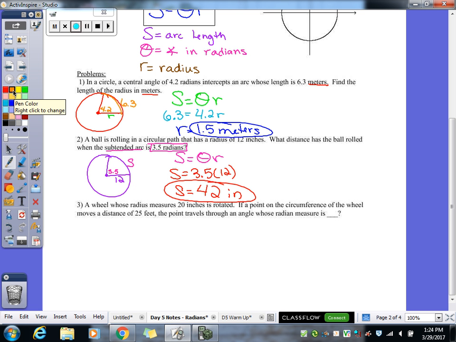Number 3, we have a wheel whose radius measures 20 inches, is rotated. If a point on the circumference of the wheel moves a distance of 25 feet, the point travels through an angle whose radian measure is question mark.